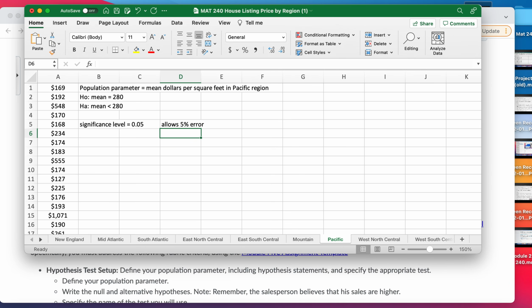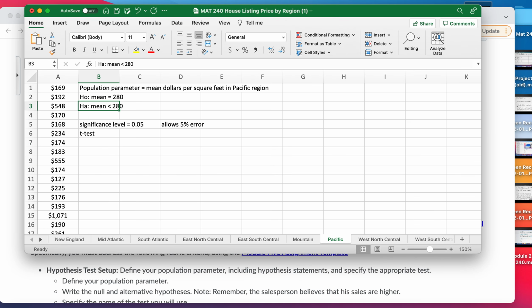Okay, so we've got our parameter, null and alternate. Specify the name of the test that we'll use. We will be using a t-test. Identify whether it's left, right, or two-tailed. Look at the HA.